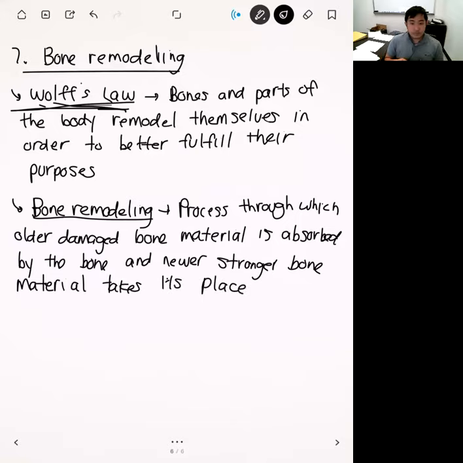This is a very core process that your body undergoes, because that's basically how it strengthens your bone and makes sure your bones are healthy.